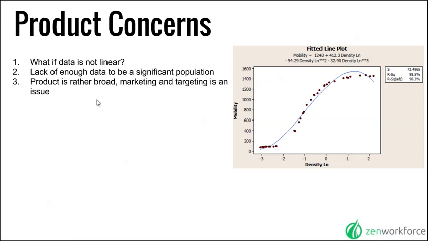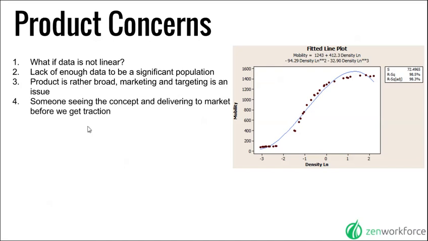And another concern is when we start sharing this with folks to get feedback, even with the best NDAs, it's possible that somebody could take this concept and get more traction in the market before we do if they have more resources than us. So that's another one of our top product concerns.